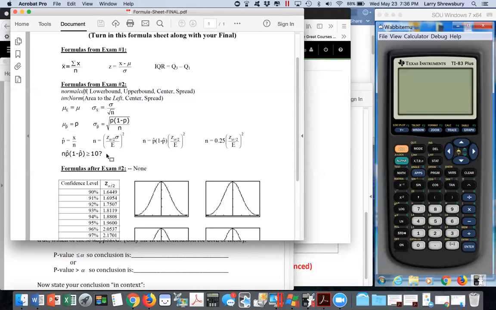So you have two piles. Now, if you look at both piles and they both have at least 10 items in them, a count of at least 10 in each, the sample size is big enough. Most people find that's a lot easier to remember than this formula. But of course, you don't have to remember the formula. It's on the formula sheet.